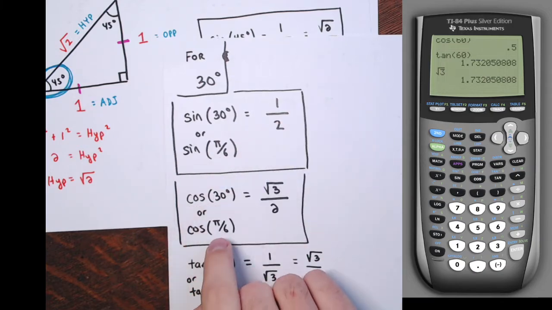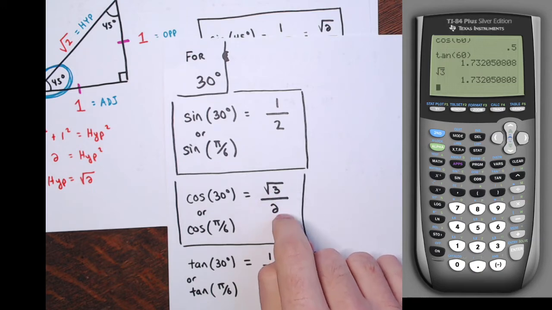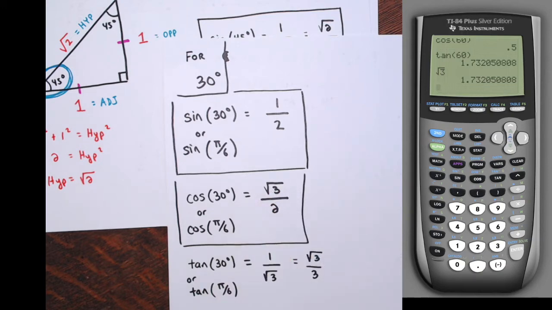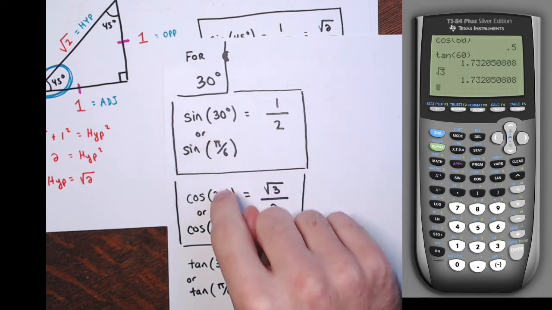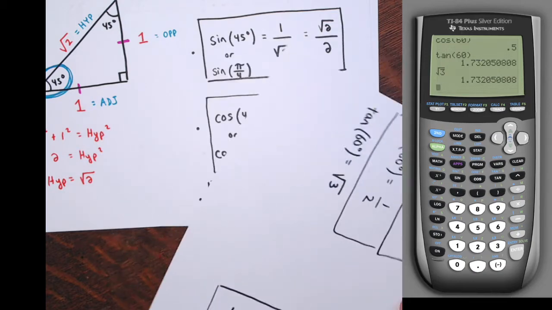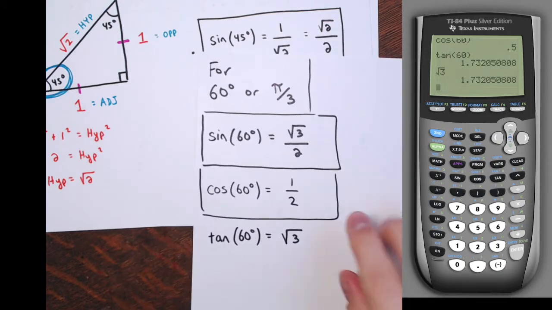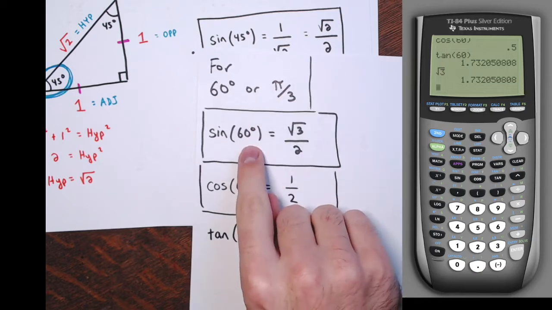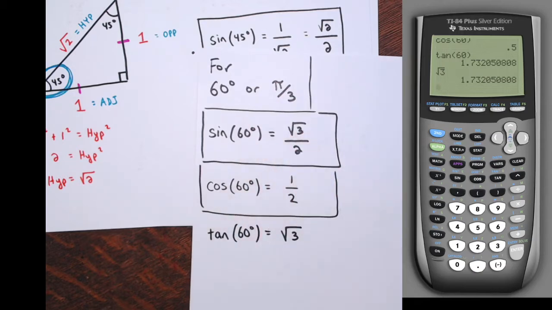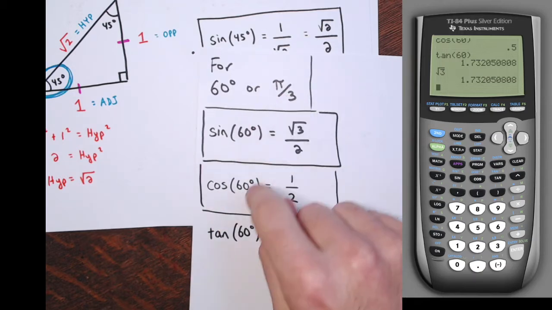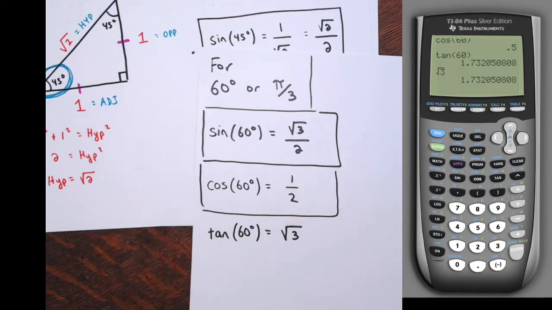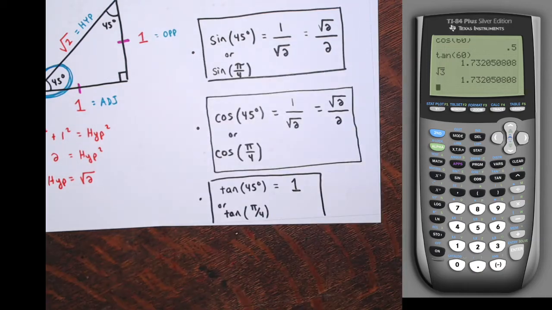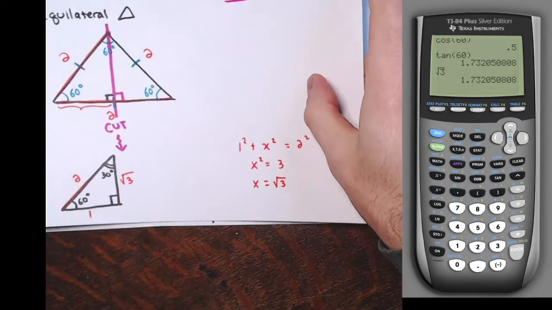The cosine of 30 degrees, or pi over 6 radians, is the square root of 3 divided by 2. And then for 60 degrees, it just switches, right? It's the other way around. Sine of 60 degrees, or pi over 3 radians, is the square root of 3 divided by 2. And the cosine of 60 degrees, or pi over 3 radians, is a half. Right. So please, please, please get to memorizing those.